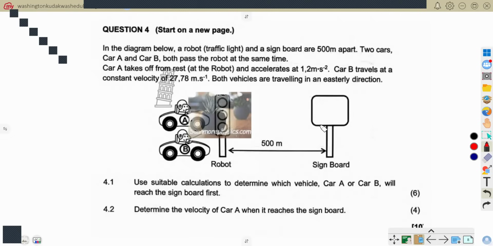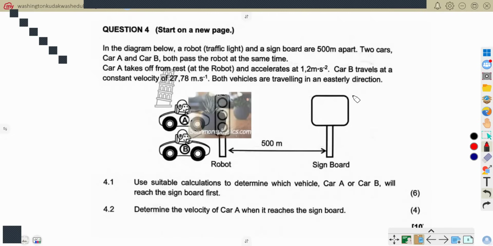Now, what is it that they want from us? They are saying use suitable calculations to determine which vehicle, car A or car B, will reach the signboard first. Which one of these two cars is going to reach the signboard first? So how do we determine that?